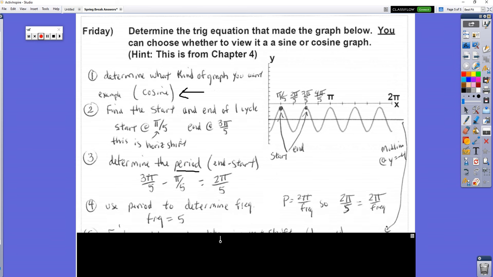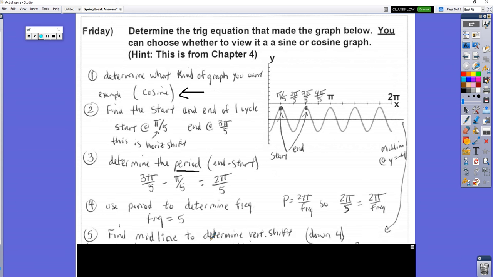Now, the period does not show up in the formula by itself. So you have to use the period to help you figure out the frequency. The formula for period is 2 pi over the frequency. So if the period was 2 pi over 5, and that's supposed to be equal to 2 pi over the frequency, that means the frequency must have been 5. So frequency in this problem was 5.